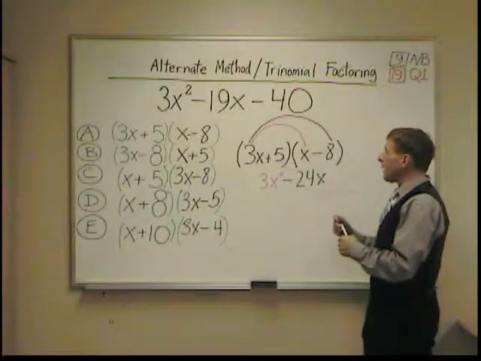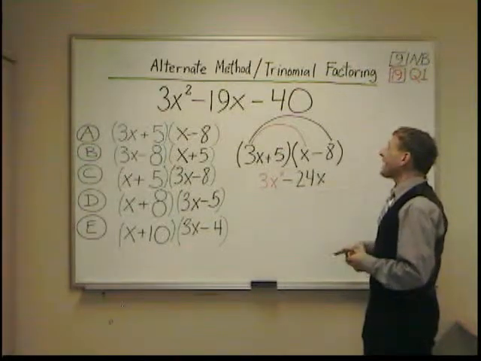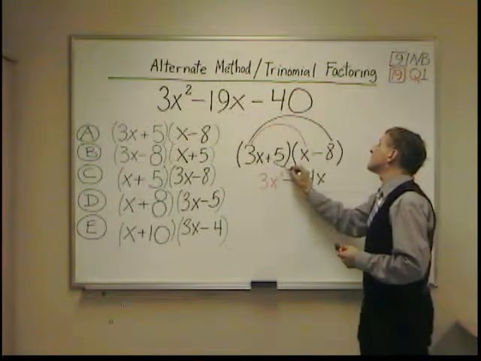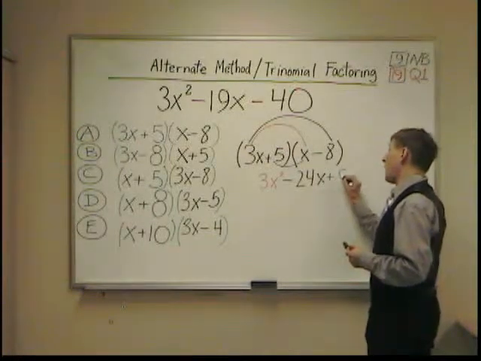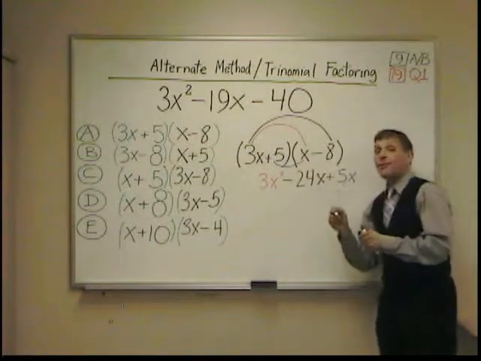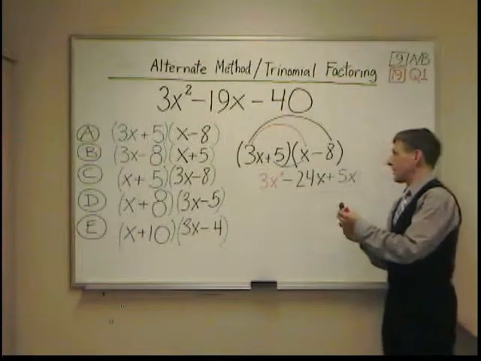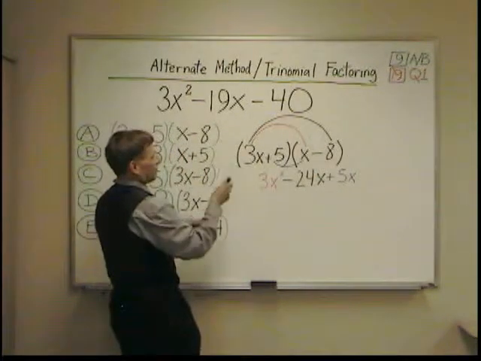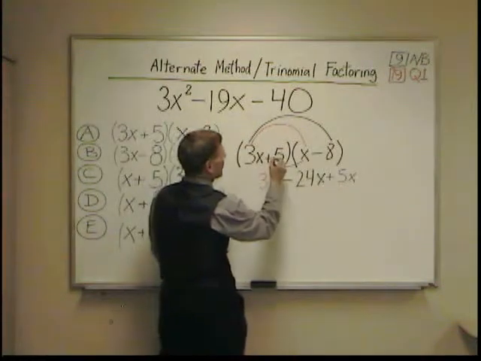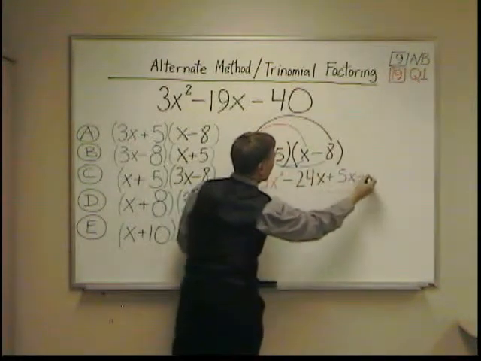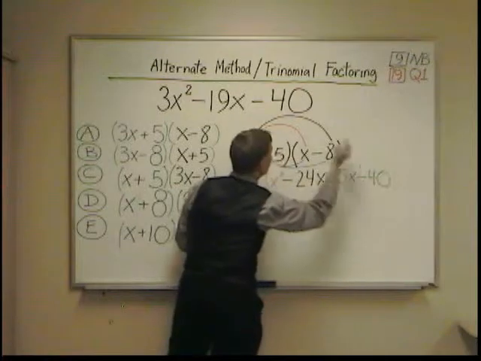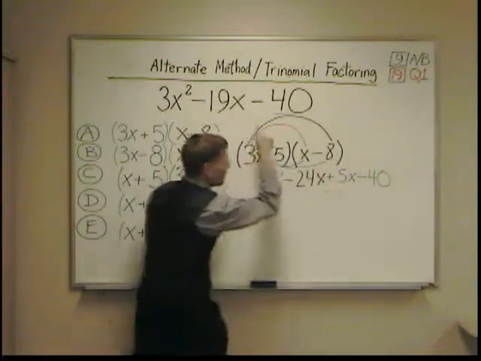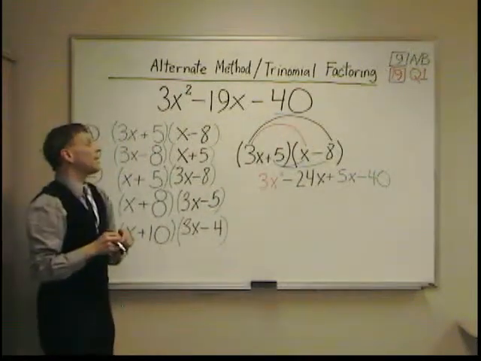Let's do inner now. 5 times x is positive 5x. And finally, last would be my 5 times 8. Positive 5 times negative 8. There's my negative 40 that I was looking for, the negative 40 in the problem.